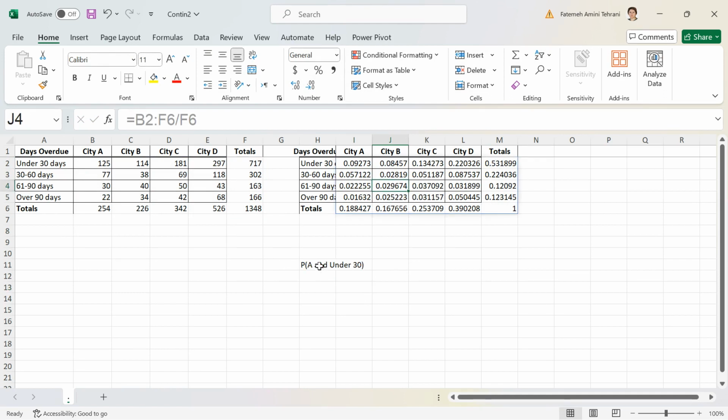If the question asks me how much is P of A and under 30, if the days overdue is under 30 days, that probability would be 0.09273. They are joint probabilities. I made a joint probability table by using this contingency table.